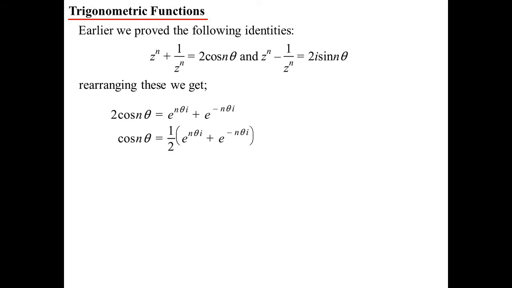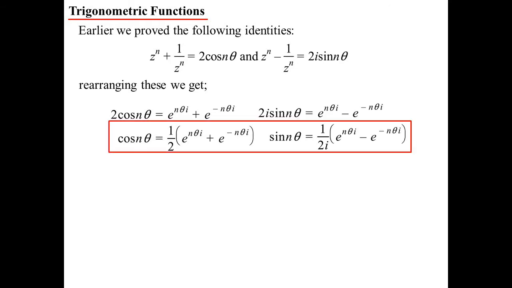Divide both sides by 2, and I now have a result for cos nθ: cos nθ is a half of e to the inθ plus e to the minus inθ. Similarly, I can play around with the sine one, and we get sin nθ would be 1 on 2i times e to the inθ, etc.